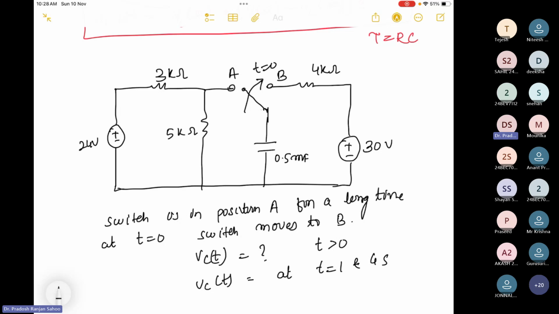You can unmute and you can reply whether completed the question or not.